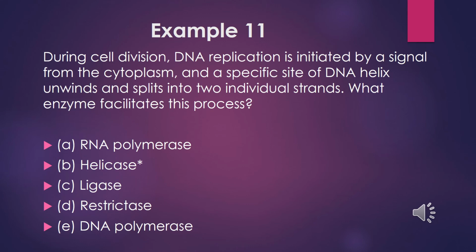Here they ask about the process of replication and formation of two individual strands. Helicase is the main enzyme which separates the chains one from another and helps in the process of replication.